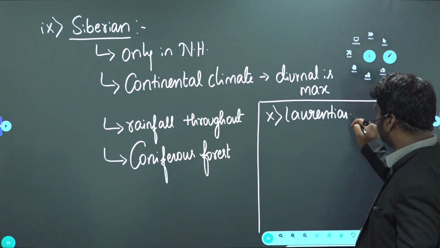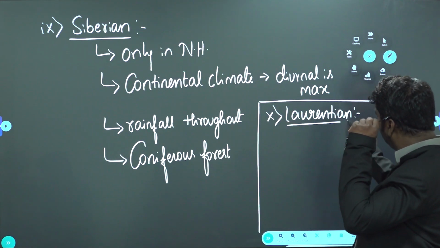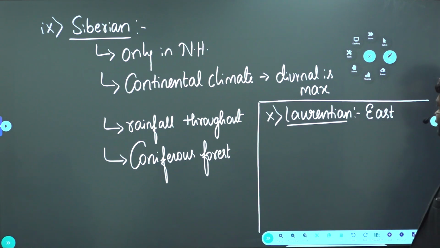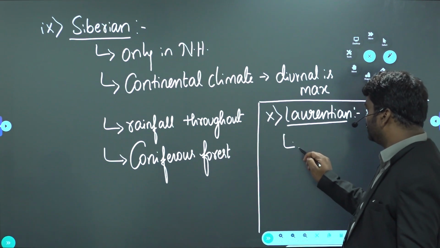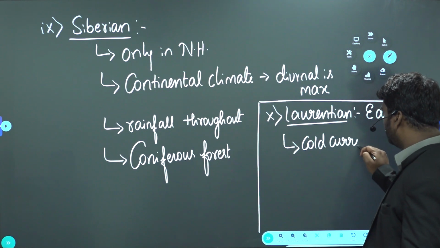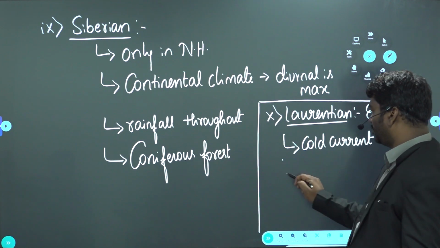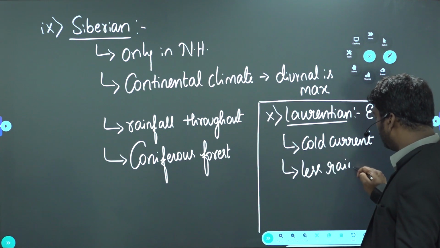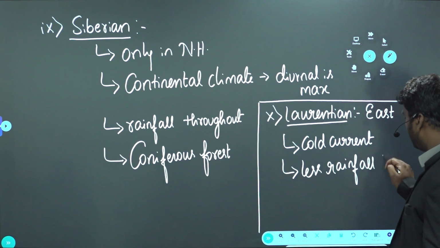Laurentian. You look at the word east, associated with cold current. Less rainfall, but it will be throughout.